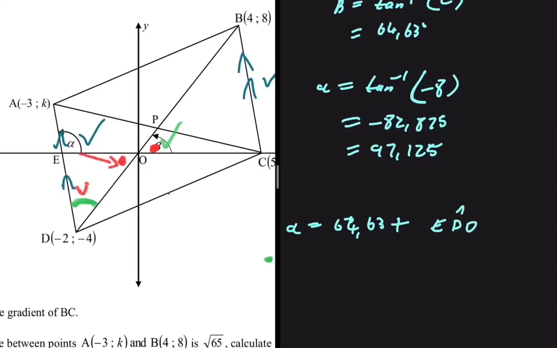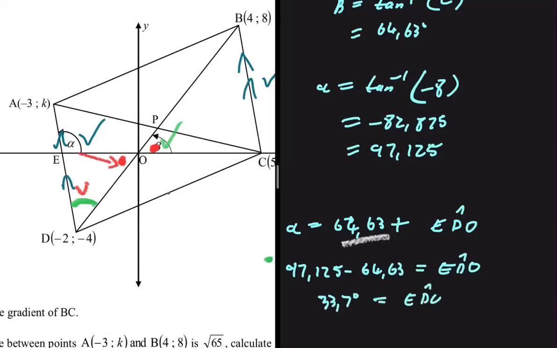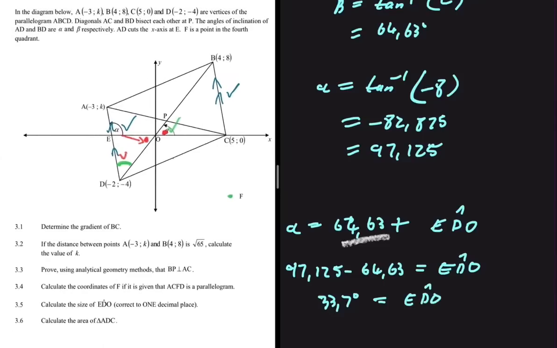But we know that alpha is 97.125. So let's take 64.63 to the left hand side. We're going to get 97.125 minus 64.63 being equal to EDO. If you put that in your calculator, you should get 33.7 being equal to EDO.